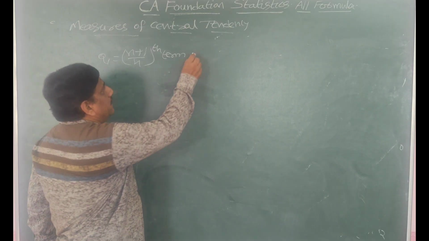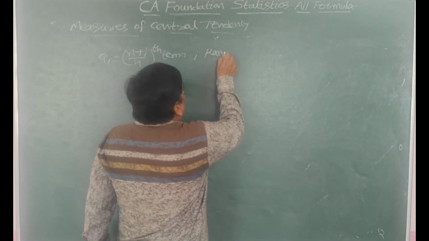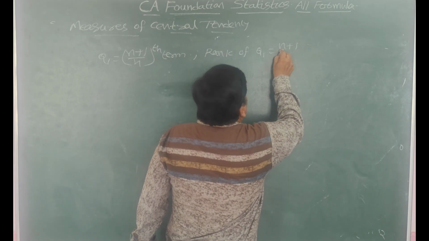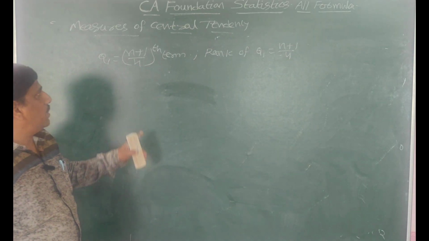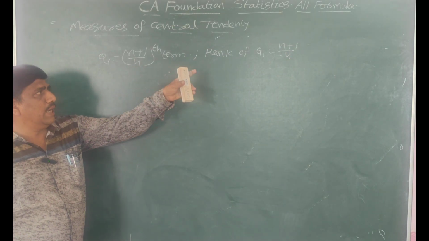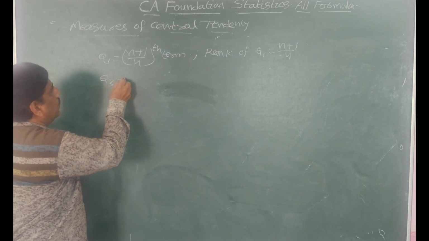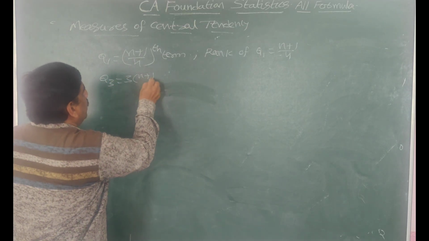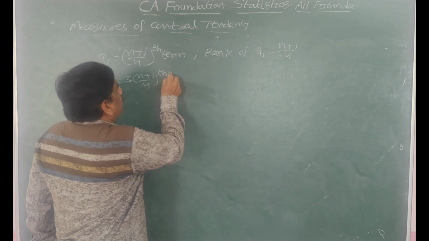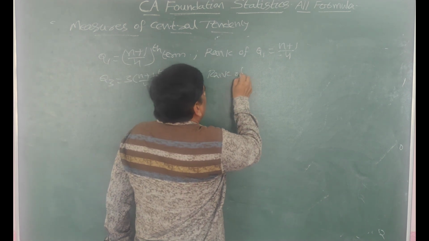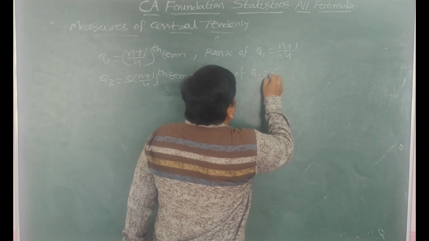If it is the rank of Q1, just write (n plus 1) by 4. Coming to Q3, the third quartile formula is the 3 into (n plus 1) by 4th term, and the rank of Q3 is 3 into (n plus 1) by 4.